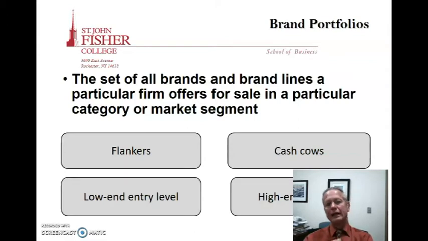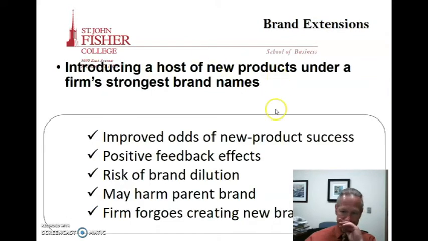You've got low-end entry-level brands. That would be Old Navy, with a lower end to the Gap and their entry-level brands. You've got cash cow brands, those brands that are really driving the company forward, like search engine optimization with Google. Or you have high-end prestige brands, and that would be Cadillac, part of the Cadillac brand of General Motors.